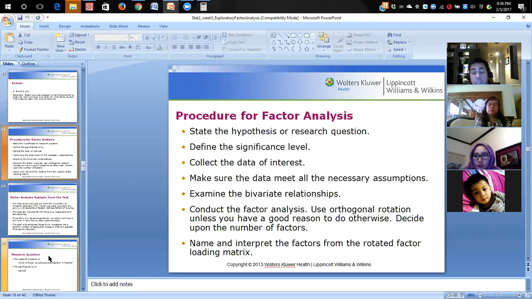Factor analysis is one of the most complex analytic procedures that you will go through as a PhD, because you imagine you're trying to develop a hypothesis or test a hypothesis. You conduct your factor analysis and then name and interpret the factors from the rotated factor loading matrix.